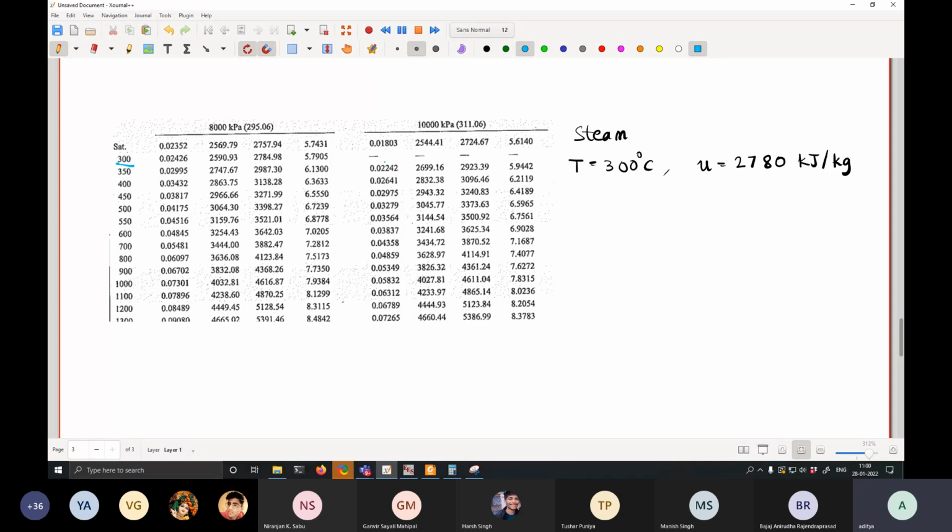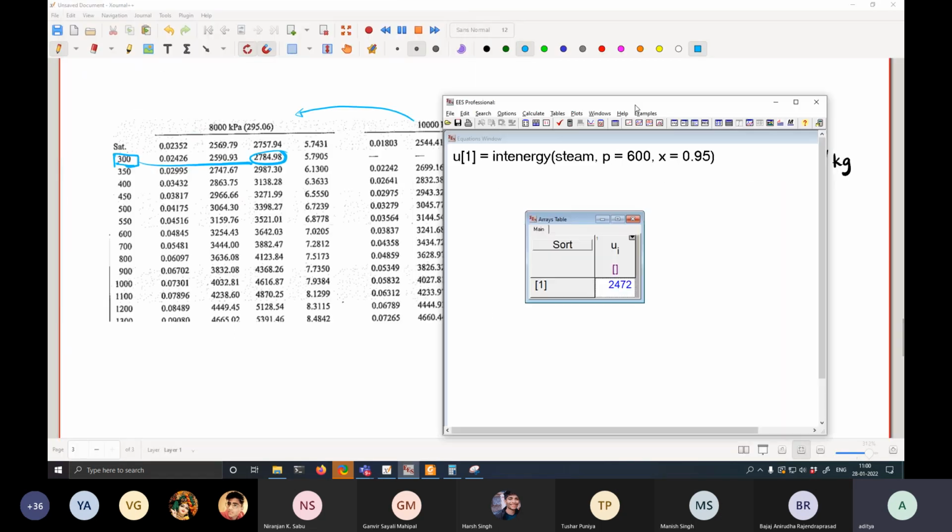Okay, so I mean, this problem is probably not a very well framed problem, because you see at 300 degrees Celsius, the internal energy is very close to 2780 over here. But you have to interpolate first to find the pressure at some intermediate superheated values. This is probably not a well-framed problem to do using a table. We'll quickly do it using ES first.